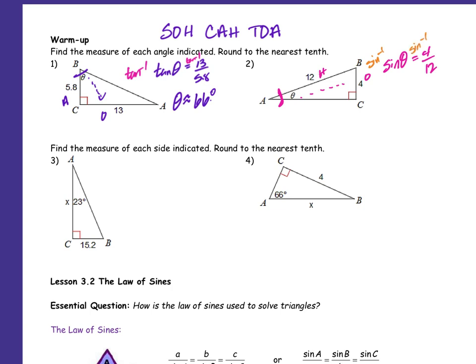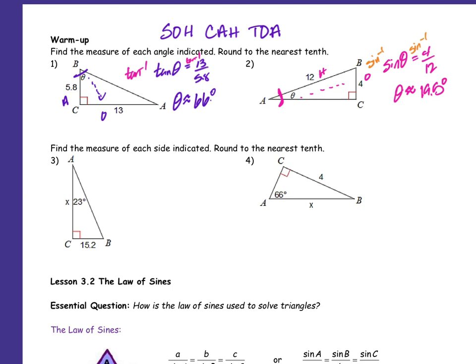So theta is approximately equal to 19.5 degrees. And these are degrees because they're angles, so I know our chat box doesn't allow us to, you'd have to type in degrees, but make sure that you know that it's degrees.